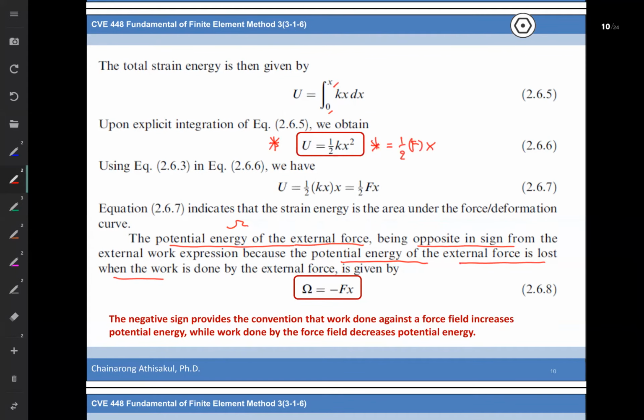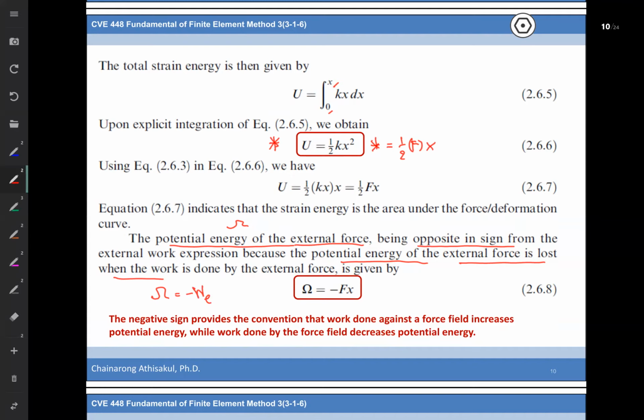So this means that omega, the potential energy of the external force, is equal to minus the work done by the external force.